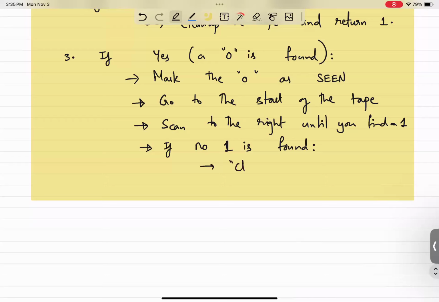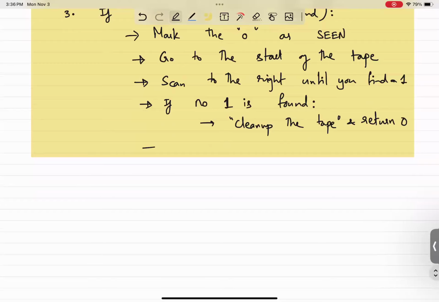So it's going to be: clean up the tape and return 0. If a 1 is found, what should you do?